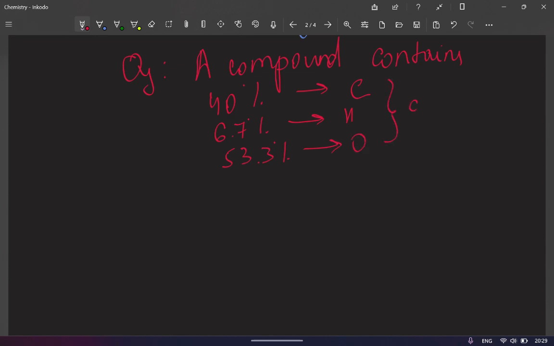We need to find empirical formula of this unknown compound.